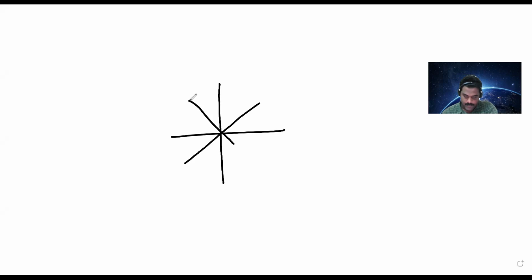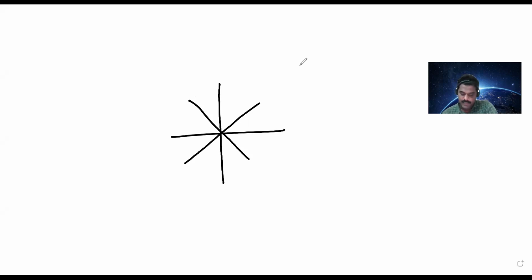Of course, apart from this, the question which I have struck off because the question was incorrect, I'll just give you an explanation. These are your 8 directions. They say there is a shift.